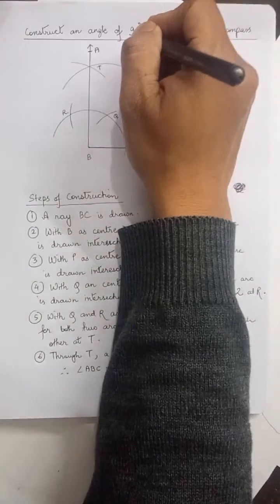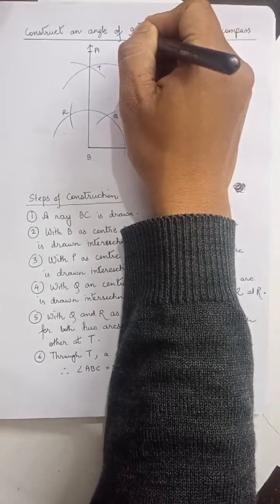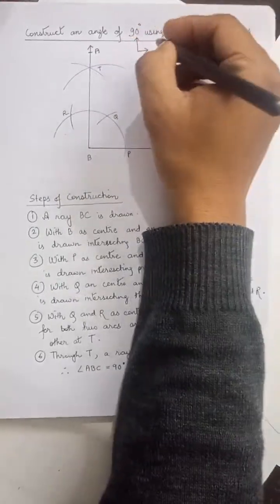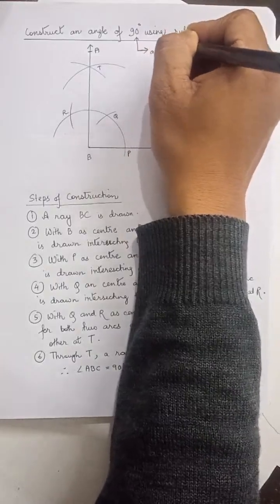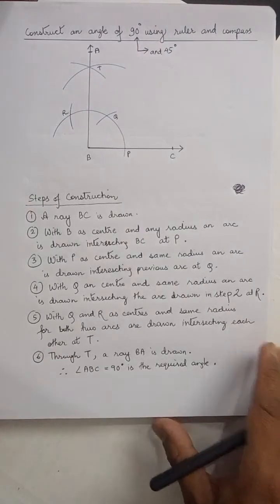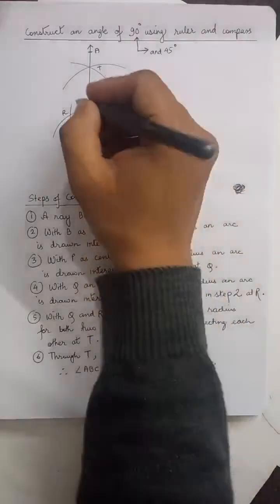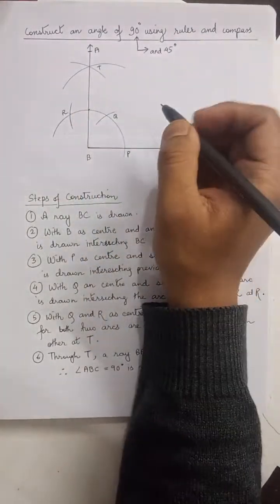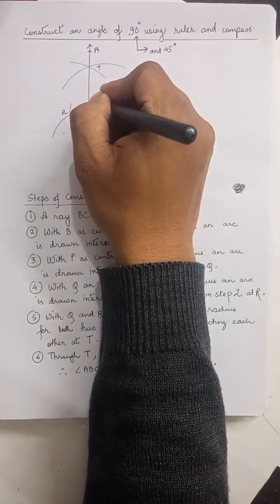Let me change this question, this looks like 90-degree, and 45-degree. Let me write 45-degree. So PQRST, I will mark this point as U.